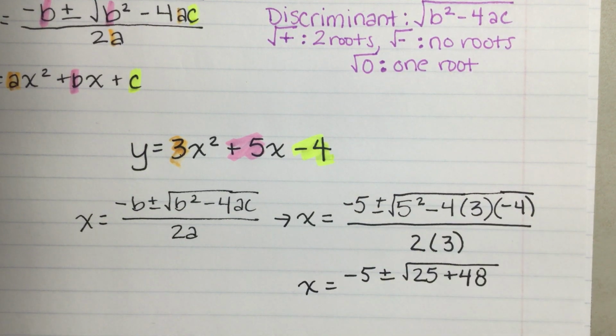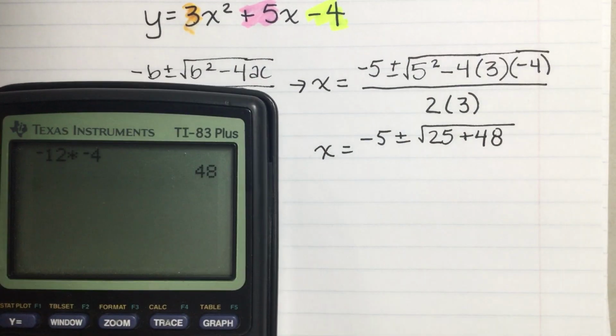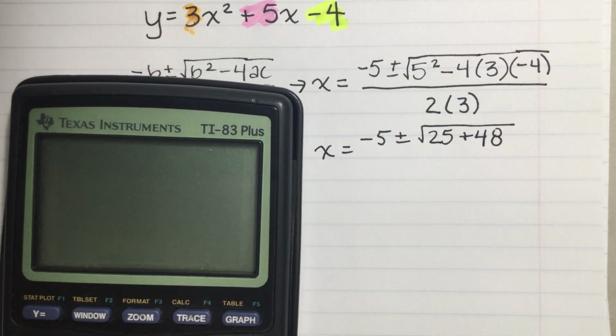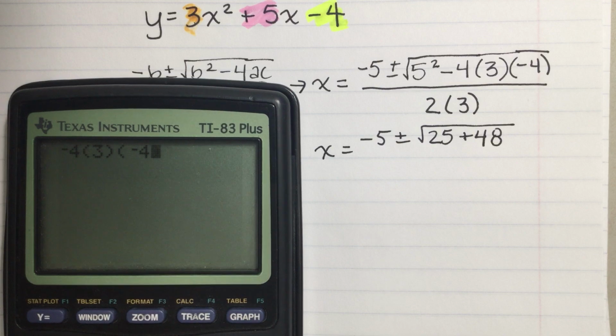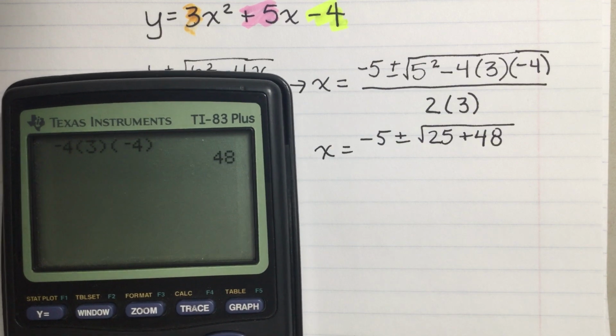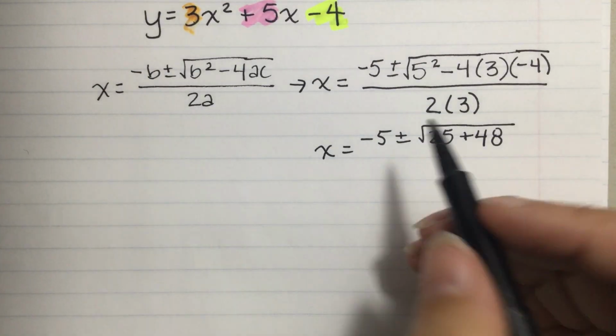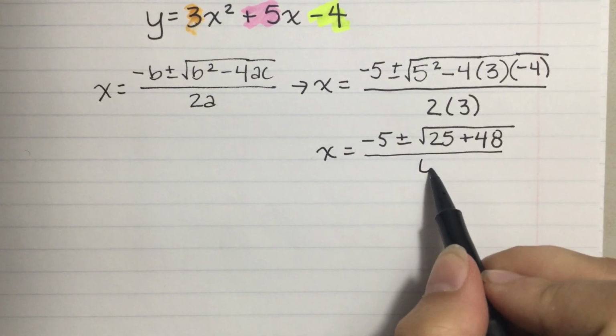So another way you could do that, if you wanted to, you could literally type into your calculator all of those numbers. You could type in negative 4 times 3 times negative 4, and you get out positive 48. So, and that is all going to be over 6.